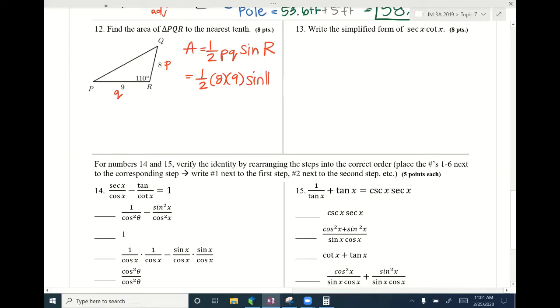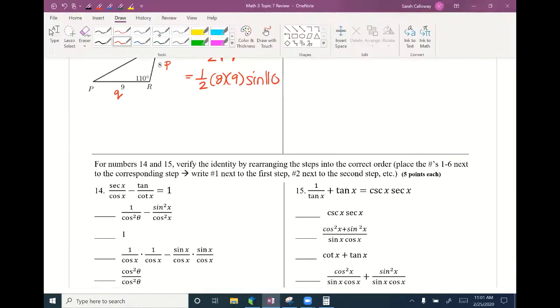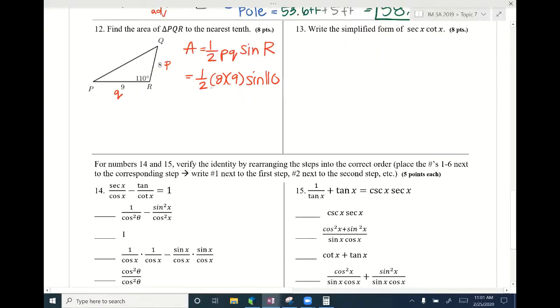My suggestion, just to make sure you don't take a lot of time calculating or type in something wrong, is when you have half and an even number, I would always take half of that even number. So 1/2 of 8 is 4. And then you can just type in 4 times 9 times sine 110. You can even go further and know 4 times 9 is 36 times sine of 110. If you're not comfortable with your multiplication skills, then at least do the reduce just so you have a little bit less to type in.